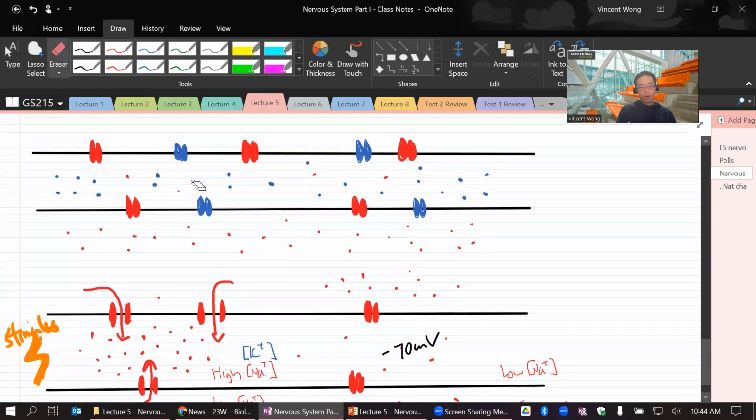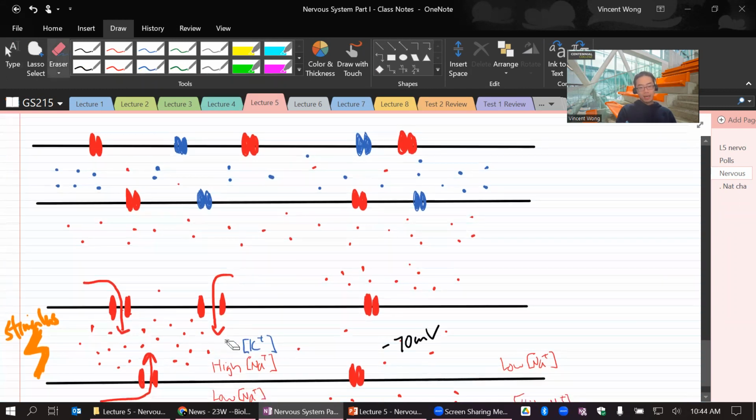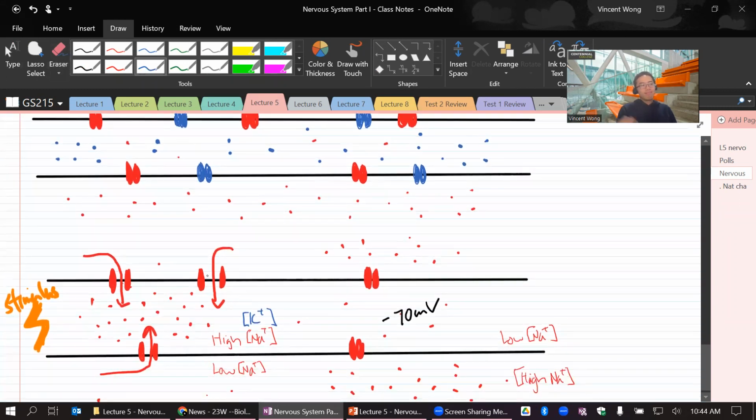This was the before state, and now after the sodium channel opens, what are we going to say about the potassium? Is it high or low? Low. And why is that? Because there's more potassium, what is it, the sodium than the potassium?